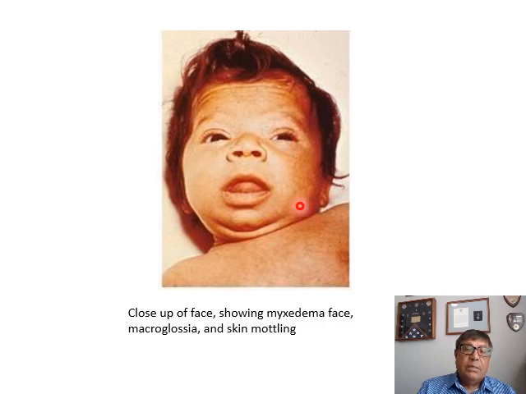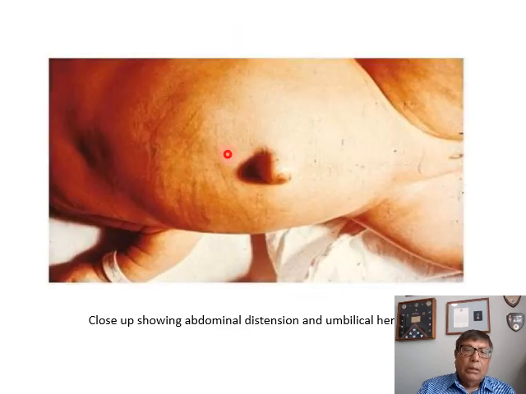This is what we call myxedematous face, and mottling of the skin. Abdominal distension with umbilical hernia. Again, this is something we don't see, and I have taken this from an old endocrine textbook.